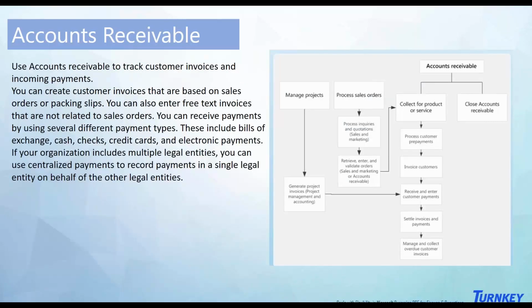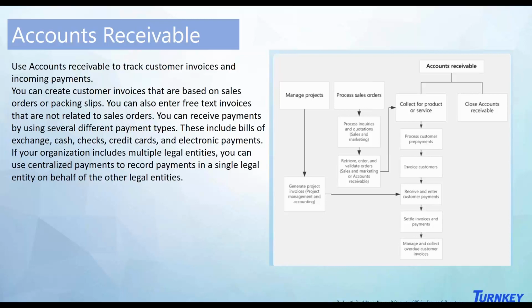For accounts receivable, same thing. You can start with a sales order, or you can just start with a free text invoice, which is just an invoice without any line detail, such as the product that you're actually selling or the service actually being performed for a customer. Or you can just enter the sales order, which can start with a quote, or it can start with just an order itself.